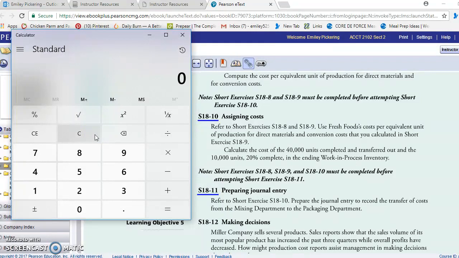So I'm going to take 50,000 and multiply it by my 96 cents per unit. So for direct materials, our cost is 48,000. Now our equivalent units for conversion costs were 42,000, and it was 70 cents per unit. So our cost there is 29,400. Okay, so that's the first part of it.